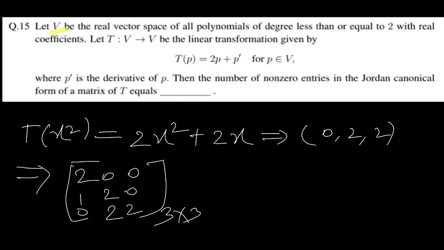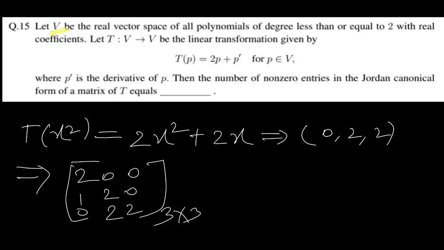Sorry, this matrix is an upper triangular matrix, so the diagonal entries are the eigenvalues of this matrix.